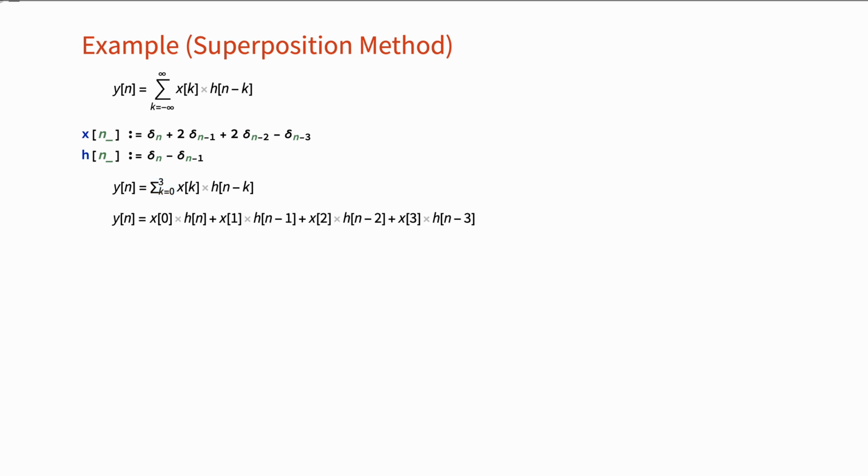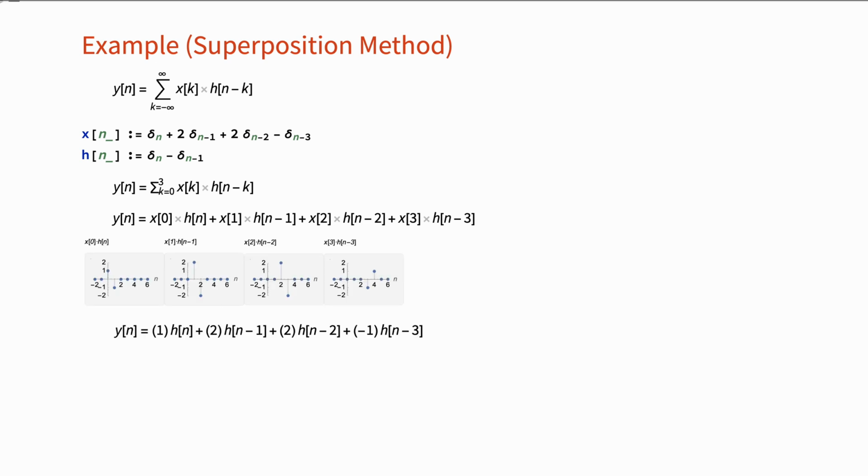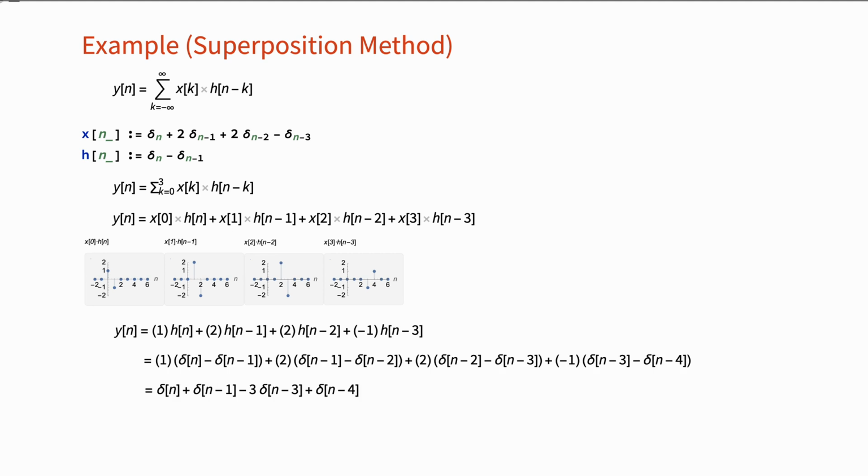If we break down the summation, the 4 terms can be visualized as shown here. Replacing the values of x[n] and h[n] and simplifying, we get the expression shown here for the system response y[n].